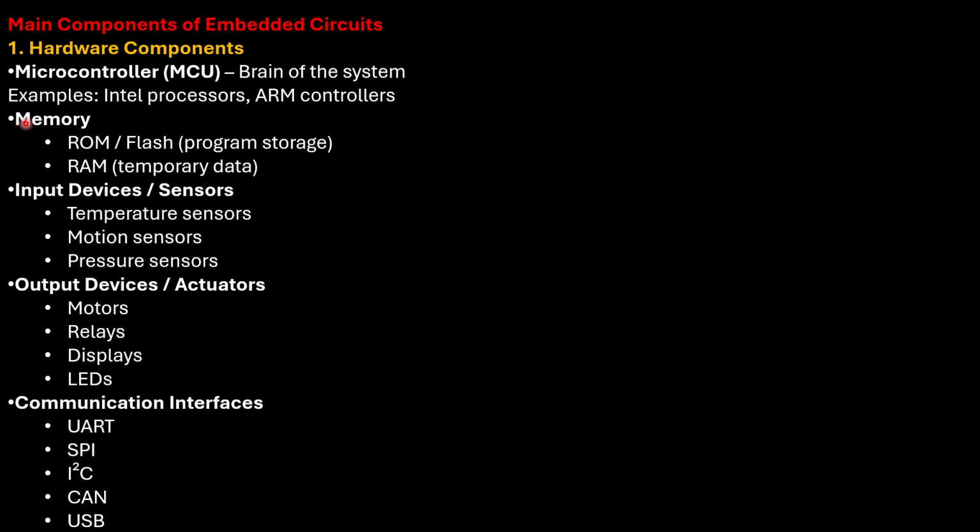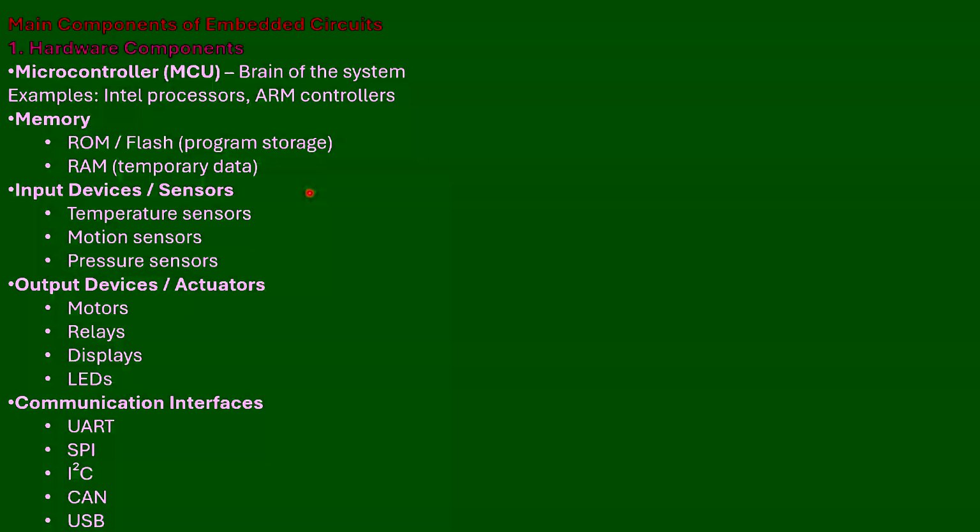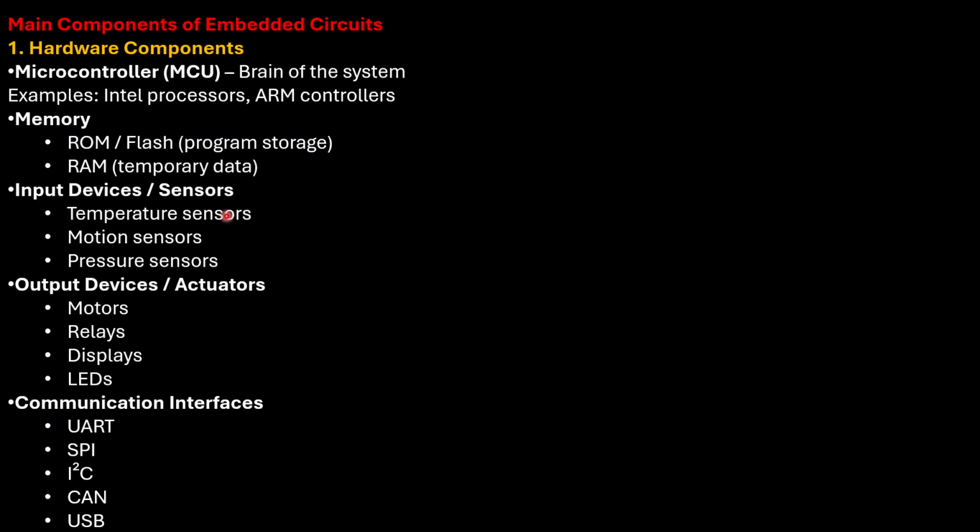Memory: it has ROM or flash program storage. It has RAM, input devices and sensors. It may have temperature sensor, motion sensor, pressure sensor. Output devices are actuators, maybe in the form of motors, relays, displays, LEDs.